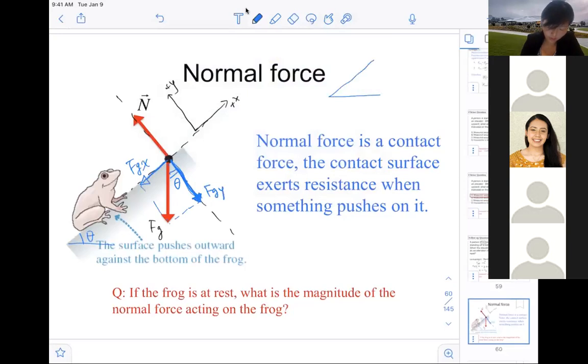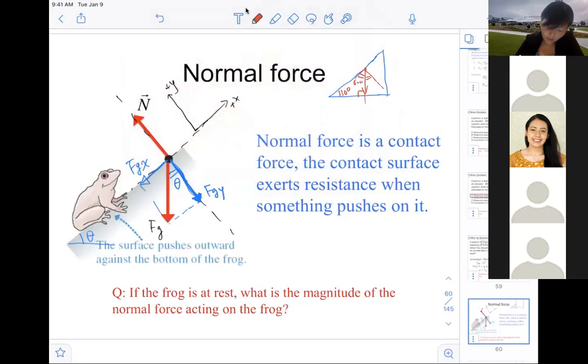Let's draw a slightly different graph here. So you can see if this is 30 degrees, this is 90 degrees, this is 60 degrees, right?